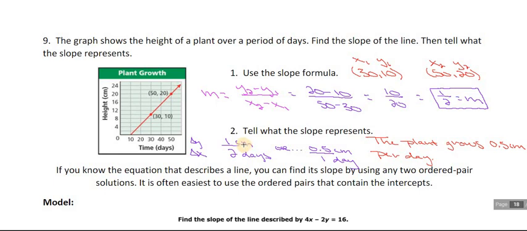And yes, we could say it grows 1 centimeter every 2 days, but we communicate things more in a unit rate, meaning, well, how much would it grow every 1 day? So if it's 1 centimeter every 2 days, that's a half. Well, 1/2 is 0.5 per 1 day. So that's 1/2 centimeter every day is our plant's growth rate.